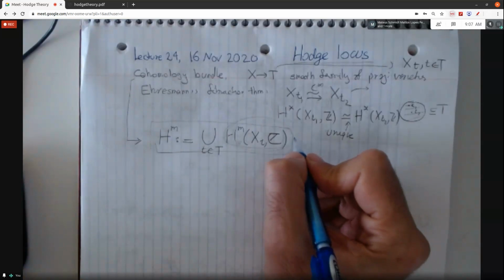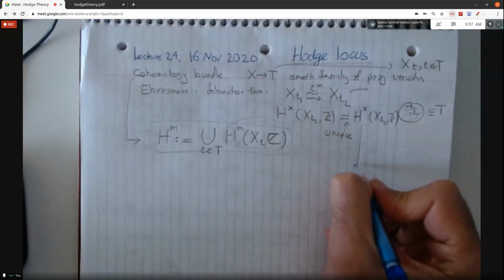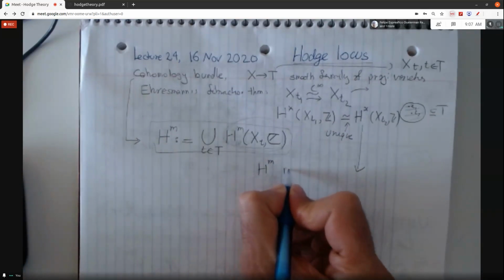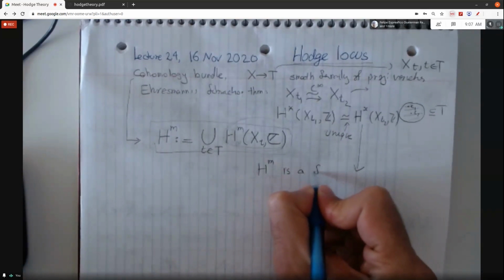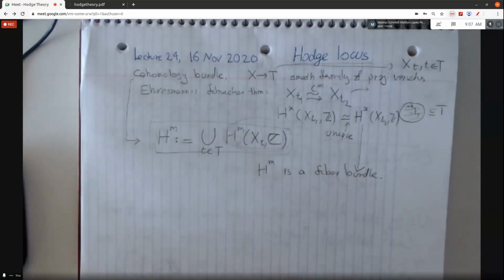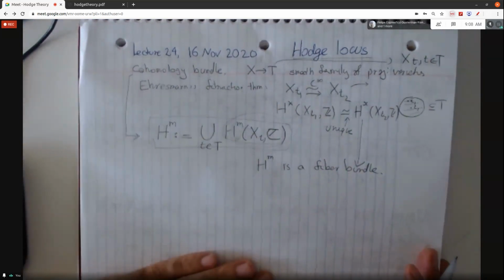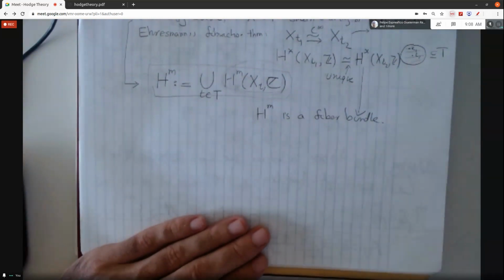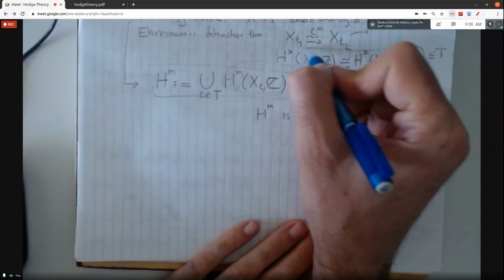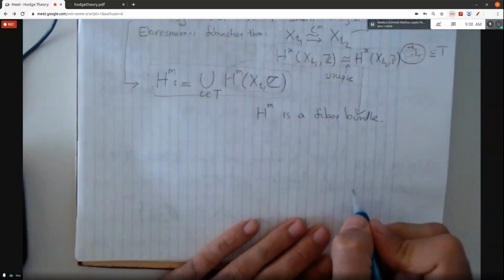So this will imply that H^M is really a fiber bundle, and the reason, maybe I explain it in a picture, is that this unique isomorphism will give us a trivialization.